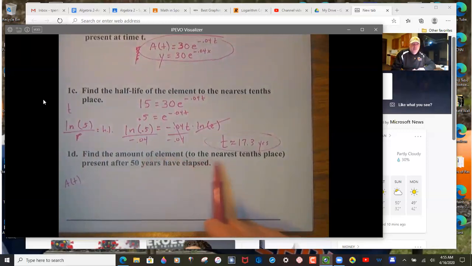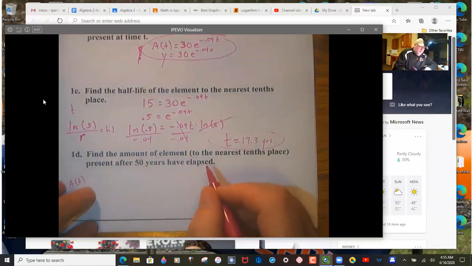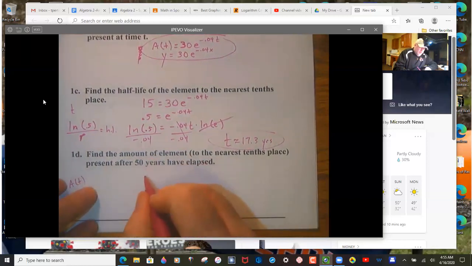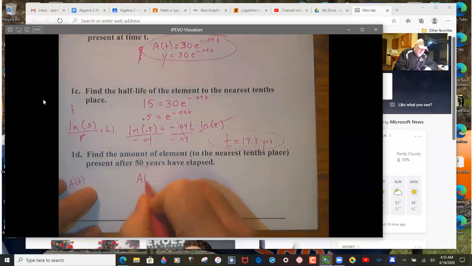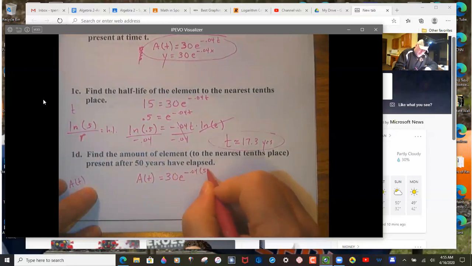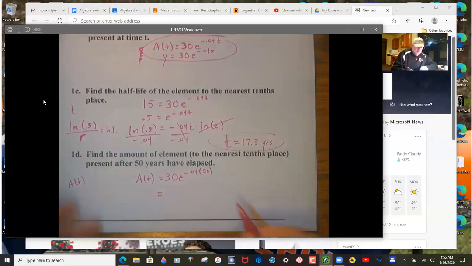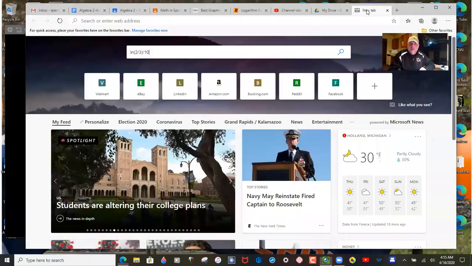So find the amount of element, to the nearest tenth, present after 50 years have elapsed. So now what we're doing is time is 50. So that goes in up there. Now, if you don't like scratching this out, just use 2.718. Go to an internet search. Here we go again.